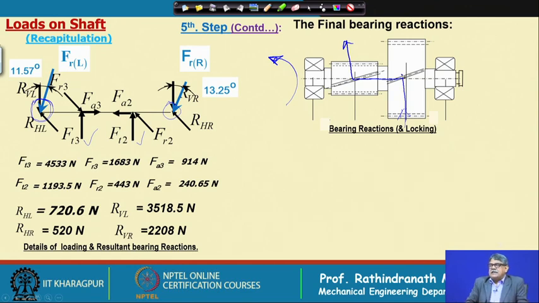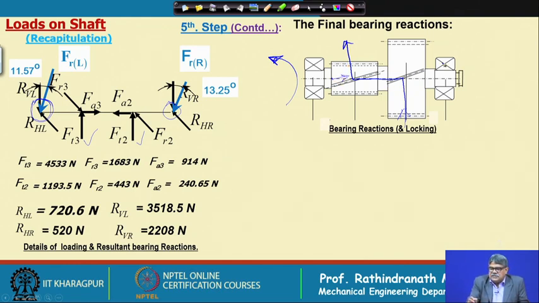Intentionally the helix angle has been taken in the same direction for both gears. This is left hand for the first stage gear, and the pinion of second stage has also been taken left hand, so that the axial forces act in opposite directions. If this is the direction and load is coming upwards, then axial load must be in this direction.